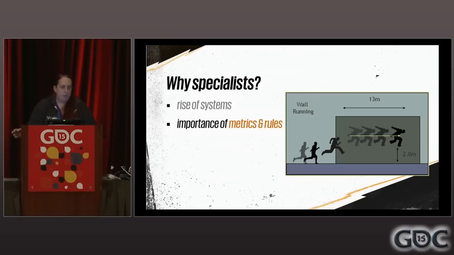How far apart were buildings if you wanted to jump from one to the other? There were all these kinds of metrics for lengths and heights, and all that needed someone to define them, but then also, for lack of a better word, police them to make sure they were really getting implemented and followed by everybody on the team. So we knew we needed someone who was in charge of traversal.